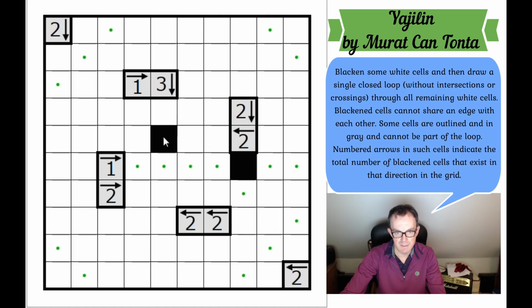Now one of these two squares must be black, one of these two squares must be black, and one of these two squares must be black. And so we've got the same logic again. I can't put a black square here, because if I do, this will be a black square and I create a cul-de-sac. So this square is loop, therefore that square is black.